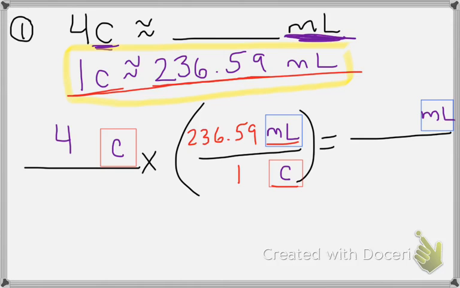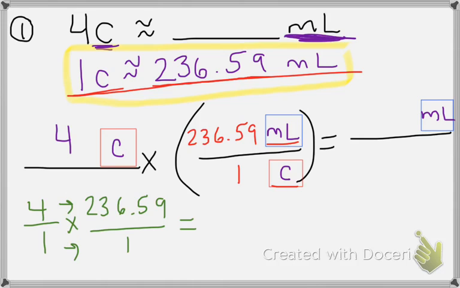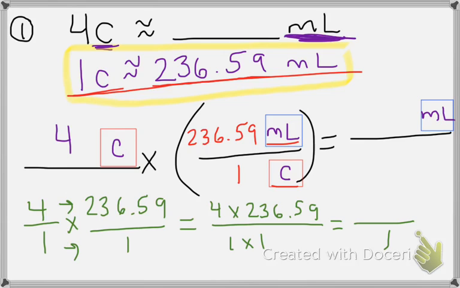Now all we have to do is rewrite it so it doesn't look as messy. So 4 over 1 times 236.59 over 1. Now, this is just a regular multiplying fractions problem. You multiply straight across, so 4 times 236.59 over 1 times 1, which is 1. Basically, you're multiplying those 2 numbers.